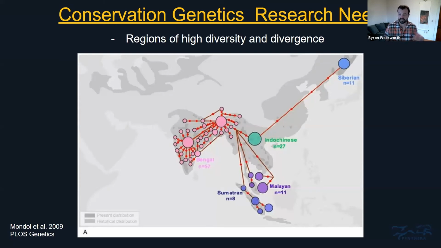So as you're designing your range-wide species conservation goals, the importance of India as a source of tiger genetic diversity can't be lost in those management and conservation strategies.